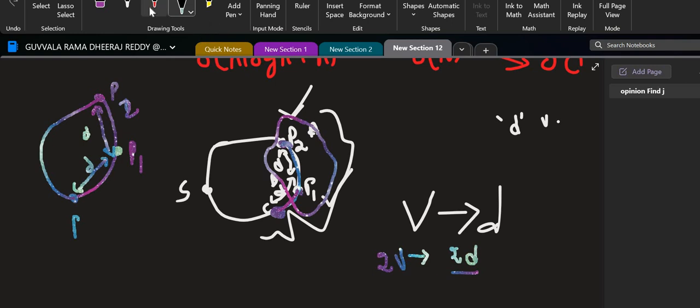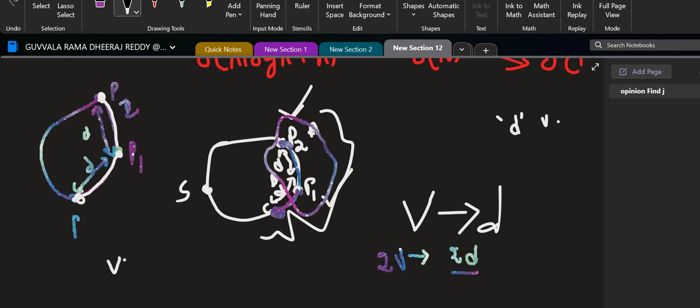Okay, now what will happen is, if P1 moves with a velocity v, it will move a distance d.